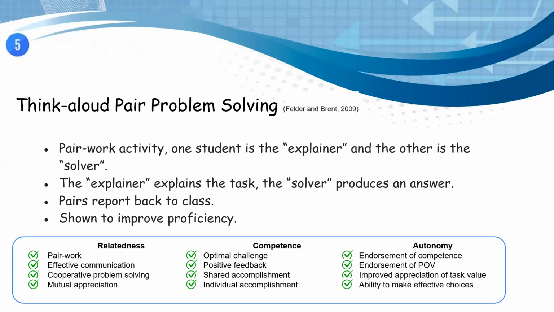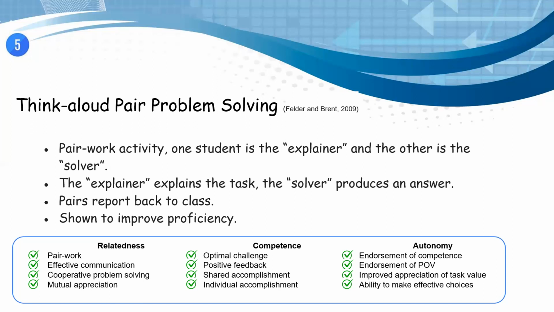Let's take a look at another active learning task. This is called Think Aloud Pair Problem Solving. This is another pair work activity where one student is the explainer and the other is the solver. The explainer explains the task and the solver produces an answer.